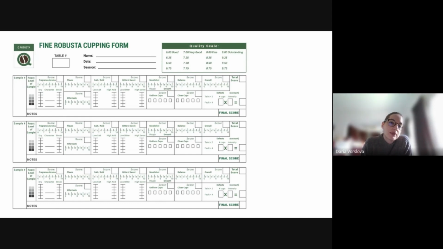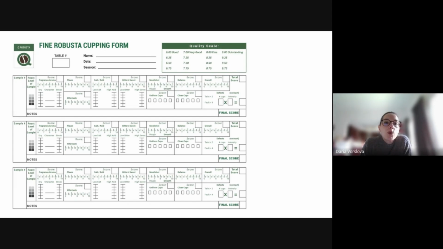It has so many shared, similar things. Also no more than 5 secondary defects per 350 grams of green coffee sample, and quakers. They have some different kinds of green coffee defects, but most of them are the same as for Arabica.